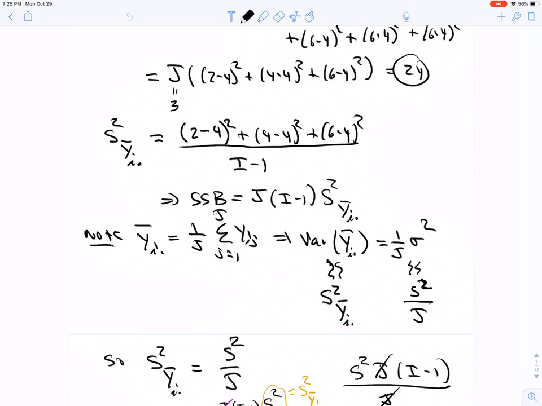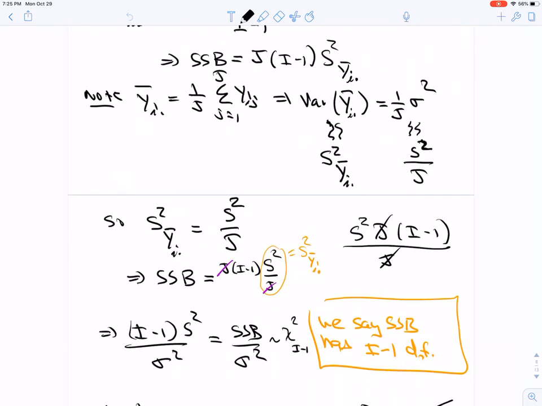You can approximate it as the sample variance of the row means, or writing the variance as 1 over j sigma squared, you can approximate sigma squared by the total sample variance. So 1 over j sigma squared is approximately s squared over j. So we get this equality here. It's actually an approximation that the sample variance of the row means is s squared over j.